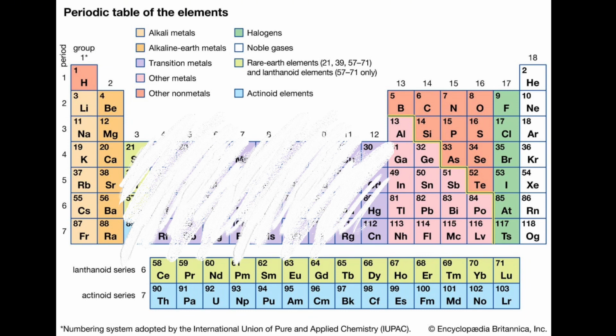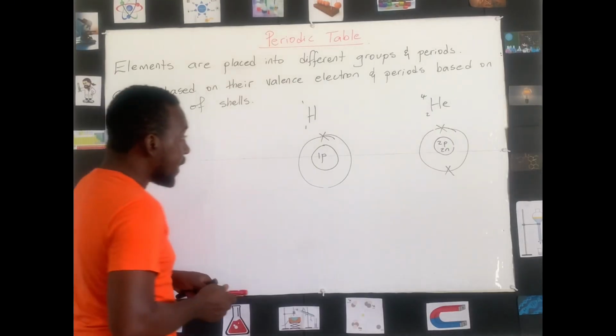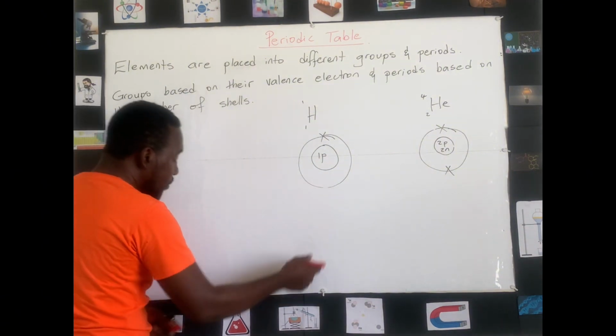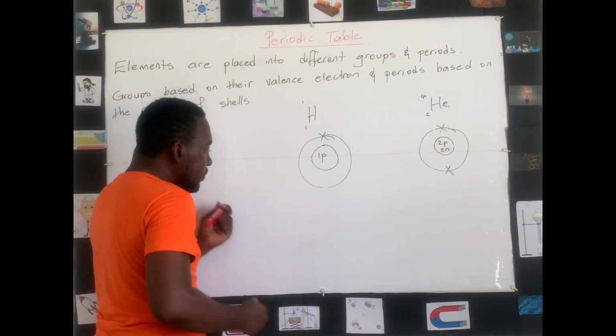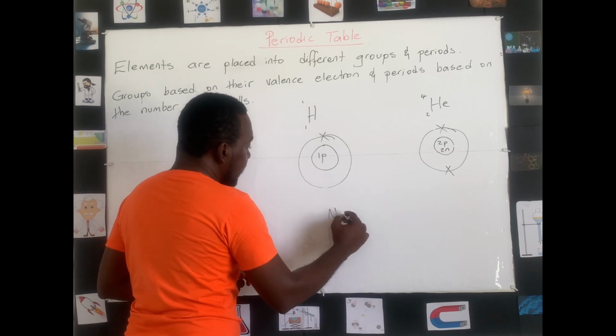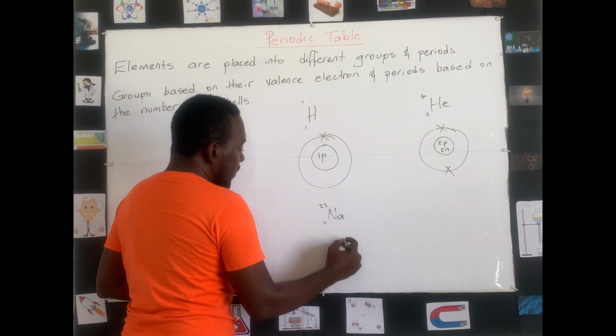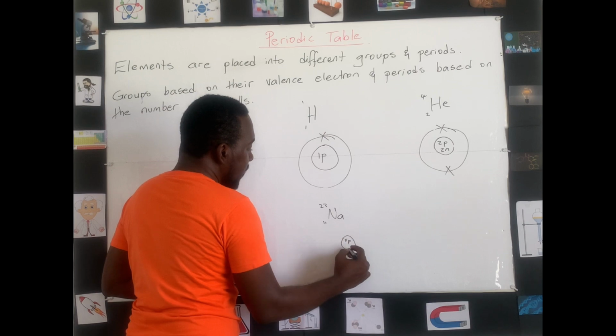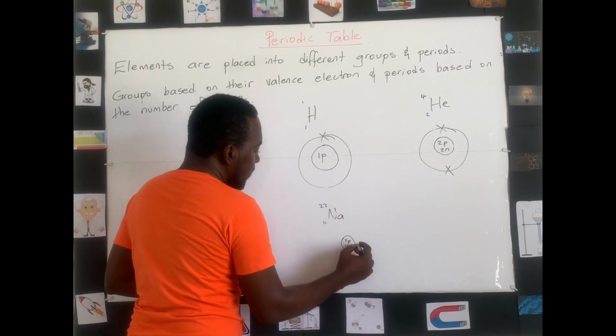Right? Now, if you look at any other element, if you look at sodium, that's also in group 1. Right? So sodium, Na, 11, 23, that means it has 11 protons and 12 neutrons.